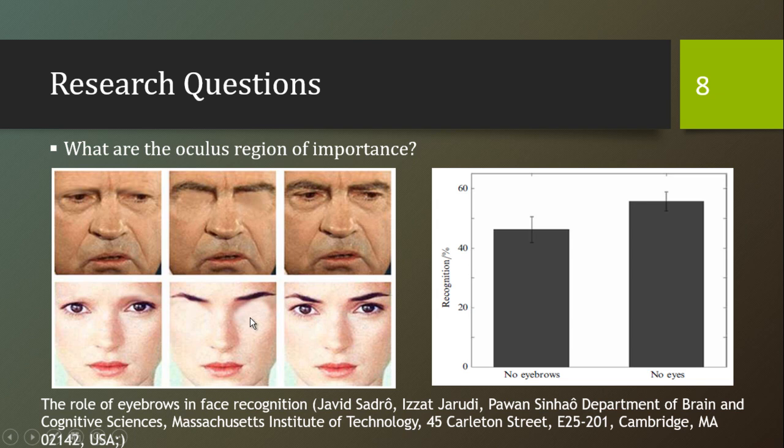Later they were asked to identify or recognize the person. Interesting results were found: people were less likely to recognize persons having no eyebrows, which means a person with eyebrows has more chances of being recognized.